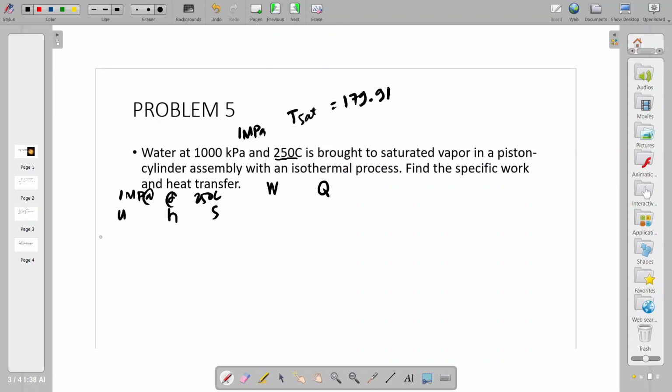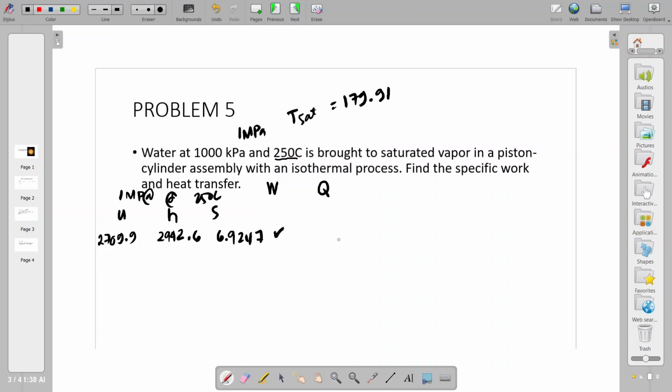Okay, ang nakuha nating values dyan ay 2709.9, 2942.6 saka 6.9247. So, ito yung state 1 natin.